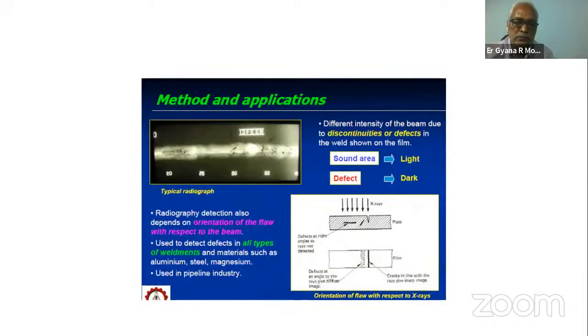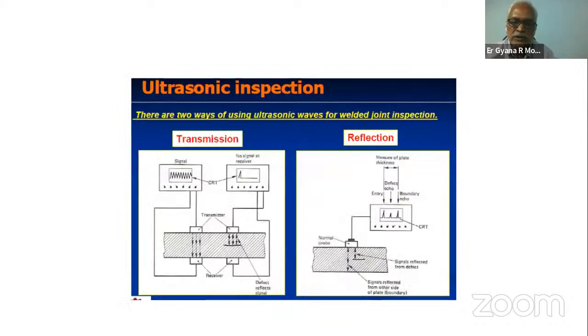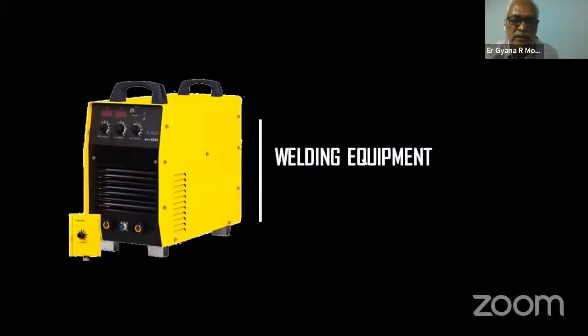Then method and application of ultrasonic inspection. As we know, day by day ultrasonic inspection is becoming more popular. You have the ultrasonic rays going in, and then the defects get revealed.